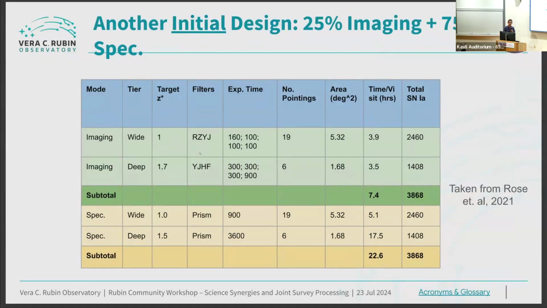So this is another combination of the observing strategy in which you get, in this case, the wide area will have 5.3 square degrees, the deep will have 1.7 square degrees, same areas for the PRISM observations, and you will get redshifts of every transient that you discover in the imaging data.